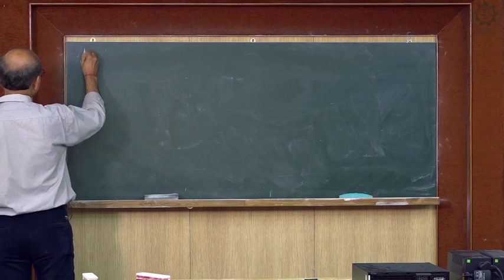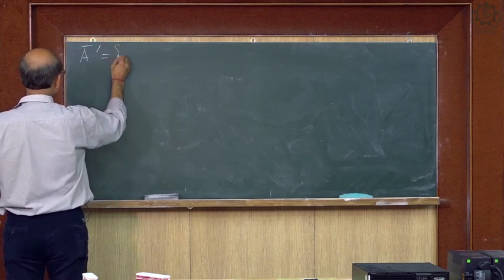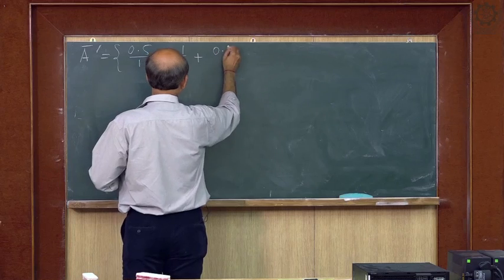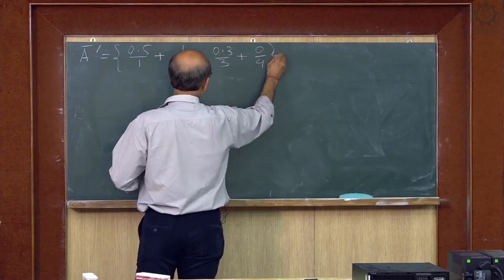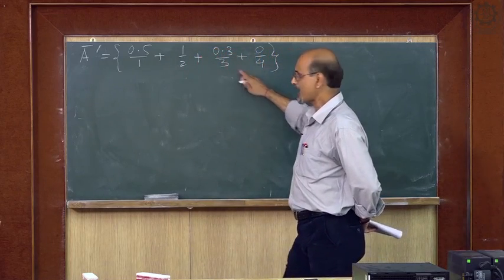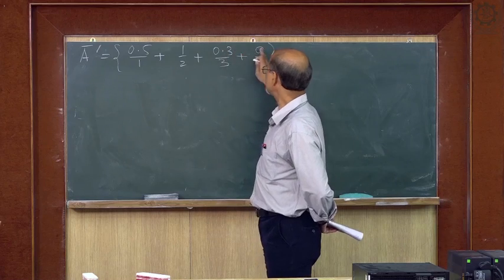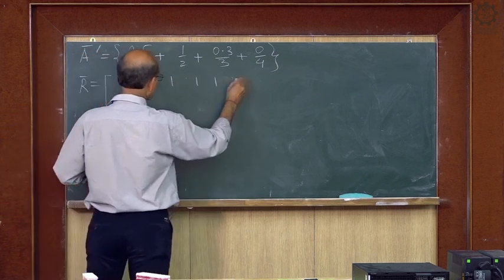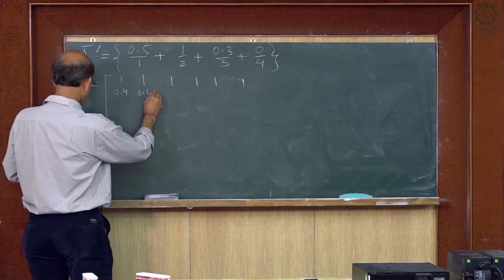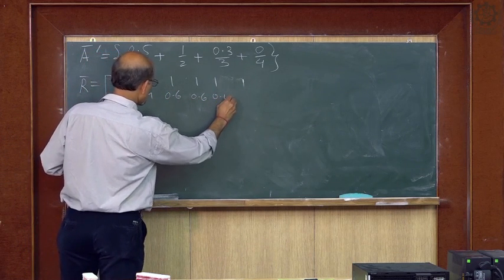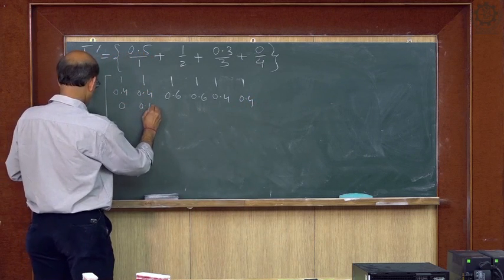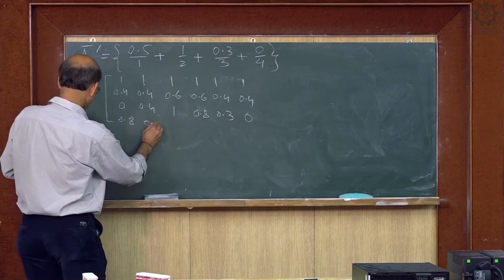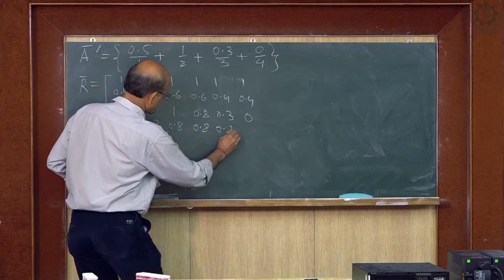Suppose it is given A bar dash is equal to 0.5 by 1 plus 1 by 2 plus 0.3 by 3 plus 0 by 4, with membership values 0.5, 1, 0.3, 0, and we had the relation matrix as 1, 1, 1, 0.4, 0.4, 0.6, 0.6, 0.4, 0.4, 0, 0.4, 1, 0.8, 0.3, 0, 0.8, 0.8, 0.8, 0.8, 0.8.